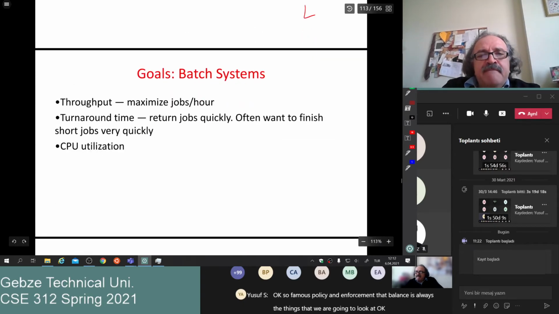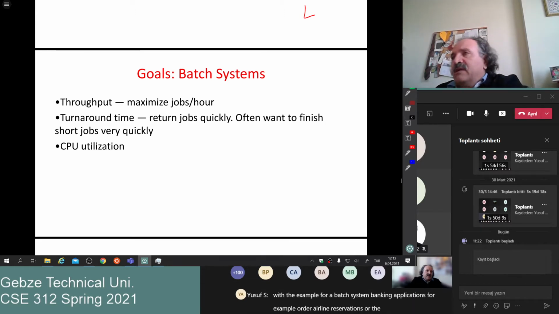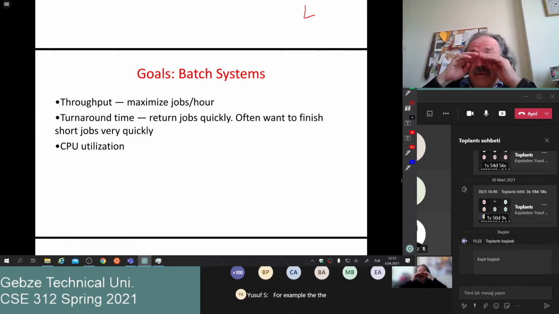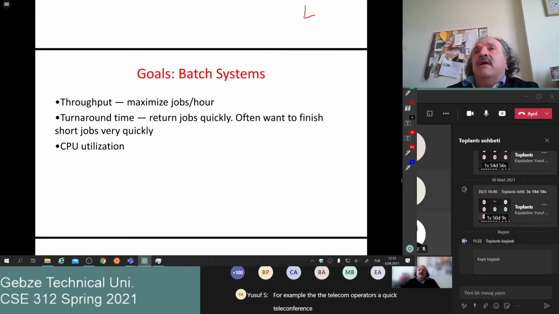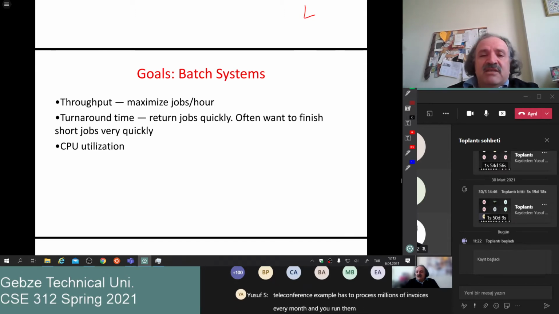Okay, let's look at the batch systems. In batch systems, we don't have interactivity. What's a good example for a batch system? Banking applications, for example, or airline reservations, or the telecom operators. The Türk Telecom, for example, has to process millions of invoices every month, and you run them in your batch system mainframe computer, and you know that running all those invoices will take maybe 5 hours of work.